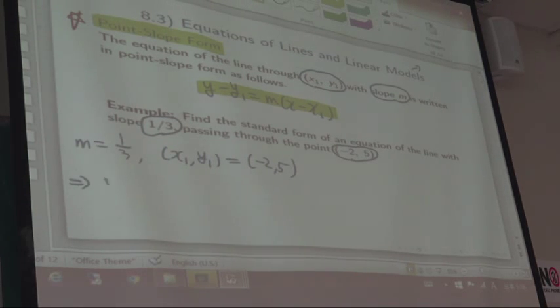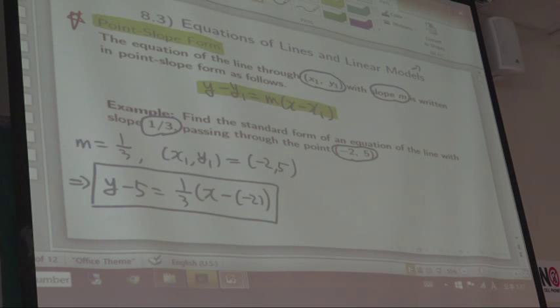So y minus 5 is 1/3 times x minus negative 2. And this is the equation for the line. And we can change this just a little bit. So let's simplify this.